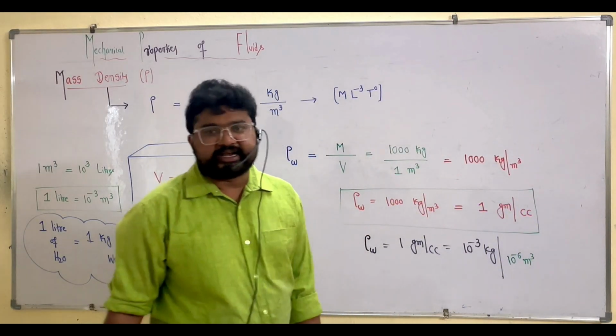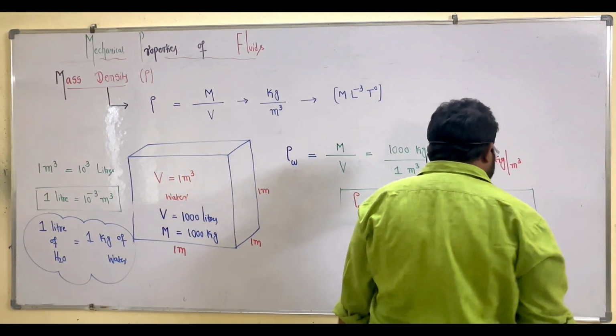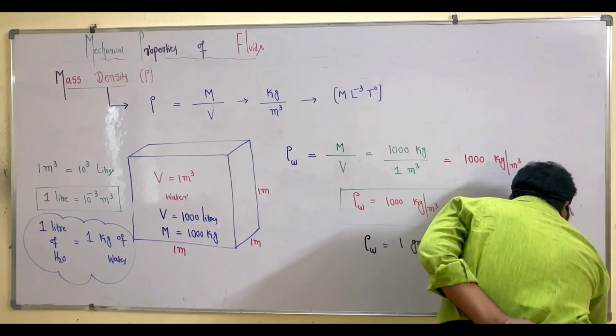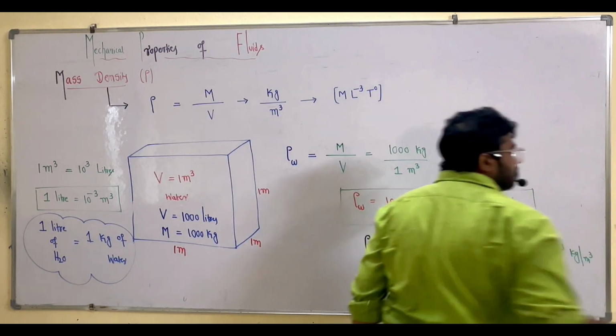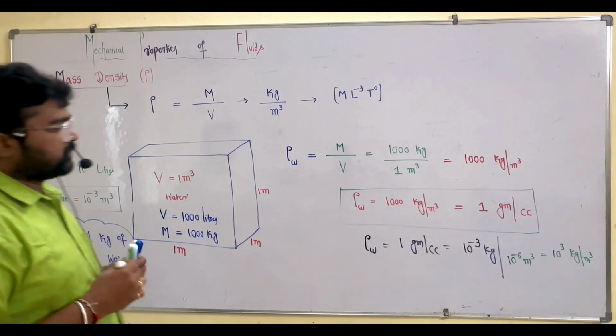Cc means cubic centimeter. Finally, 10 cube kg per meter cube.